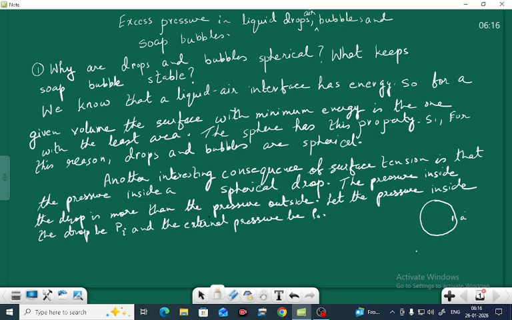What do you find? The internal pressure is greater than the external pressure.